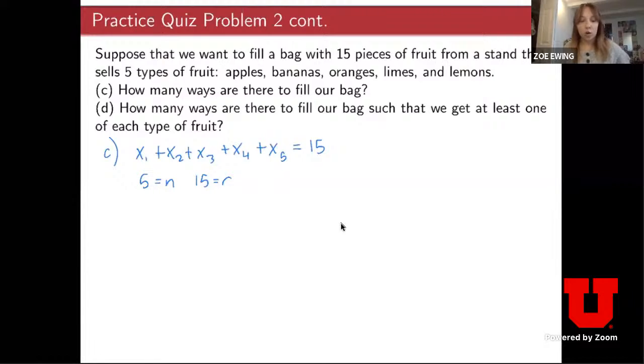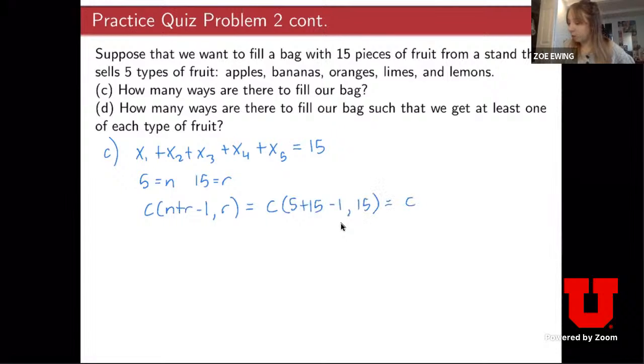Now we want to use the bag formula, which is n plus r minus 1 choose r. That becomes 5 plus 15 minus 1, choose 15. And that will end up being 19 choose 15.